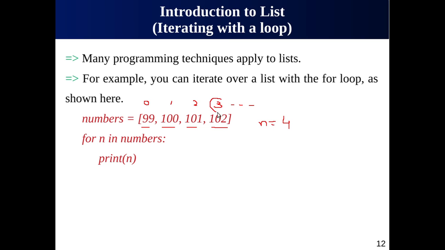The index is 3, and you can see 3 is 1 less than the total number of elements. So if you add 1, it will equal the total number of elements in the list. And why is that? Because we start the index from 0.